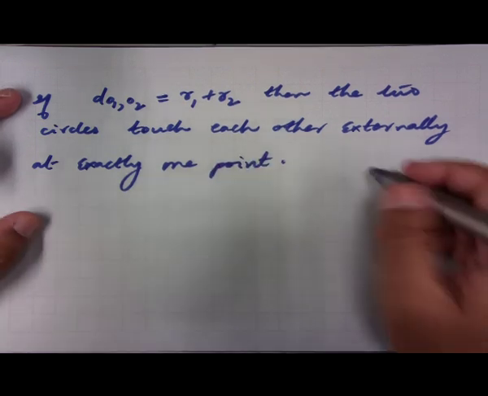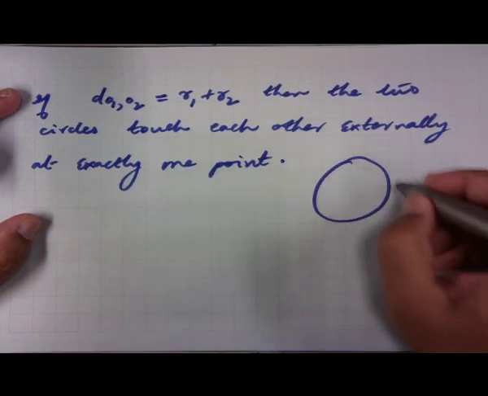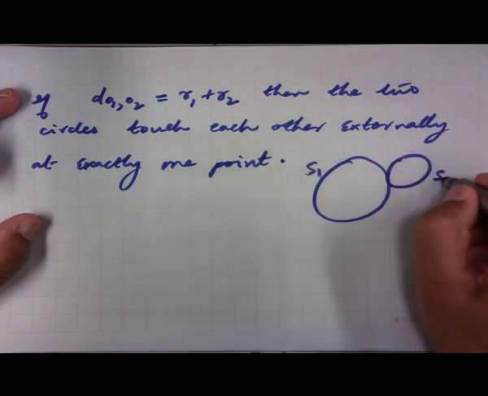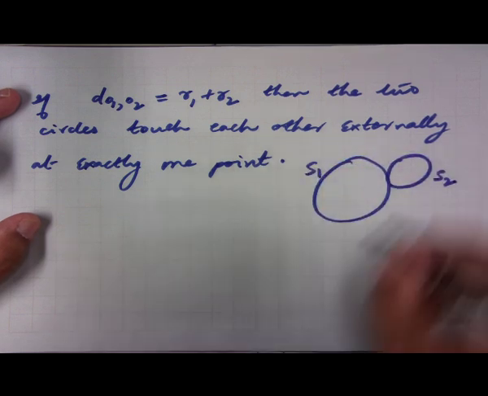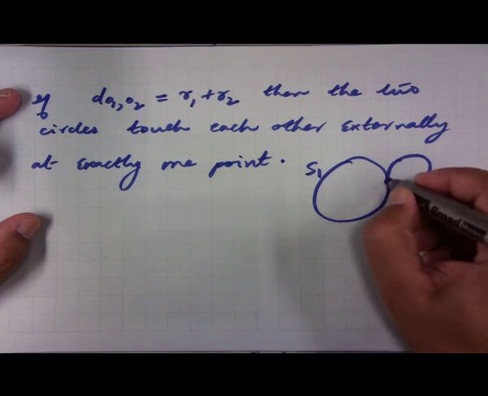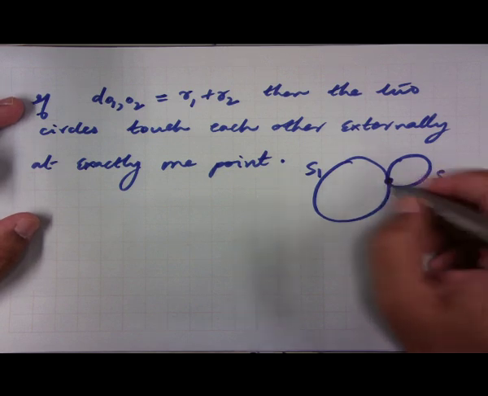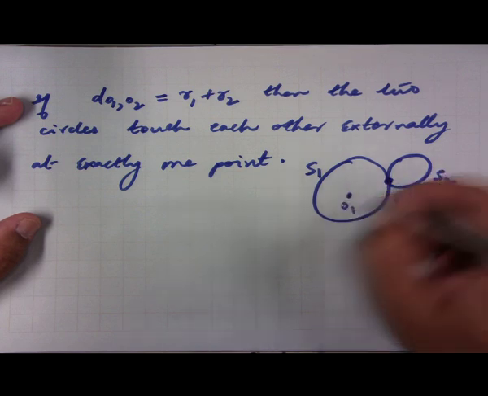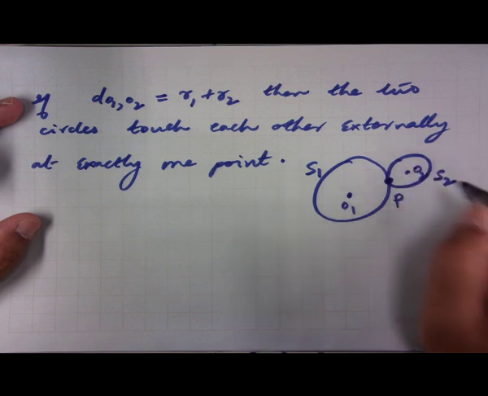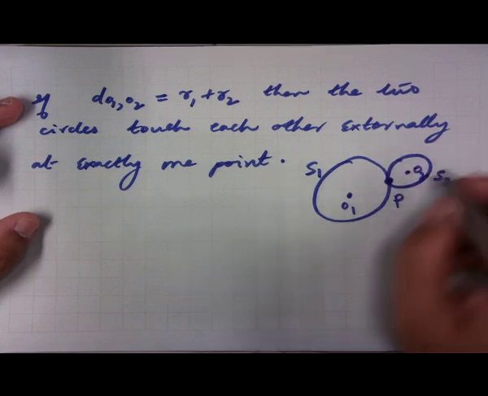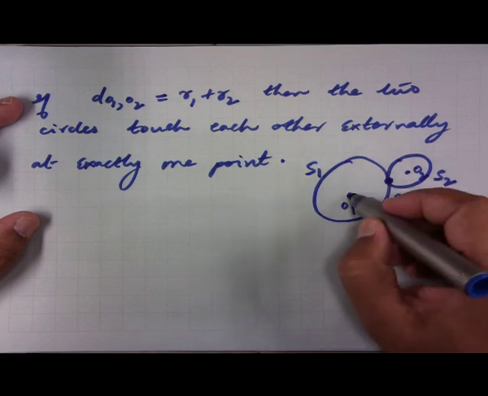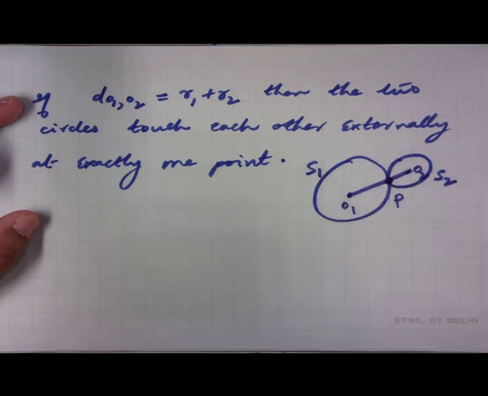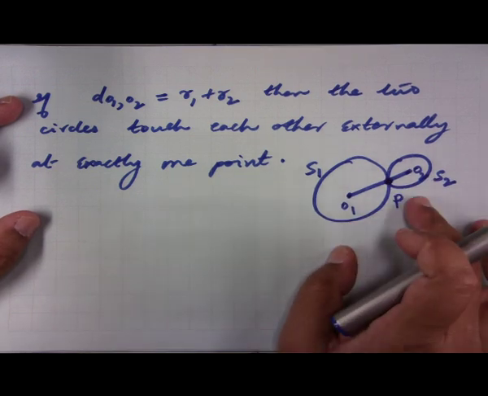This is the case where we have something like this. This could be S1 and this could be S2, and they touch each other at exactly one point here. Let that point be P. These are the centers O1 and O2, and the straight line joining the centers will also pass through this point P, where the two circles touch each other.